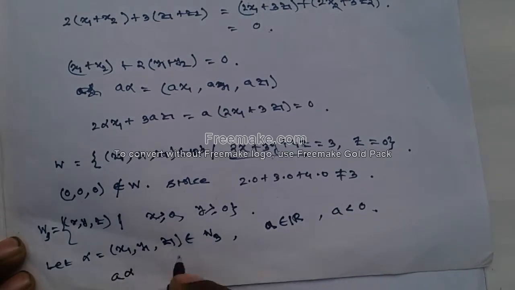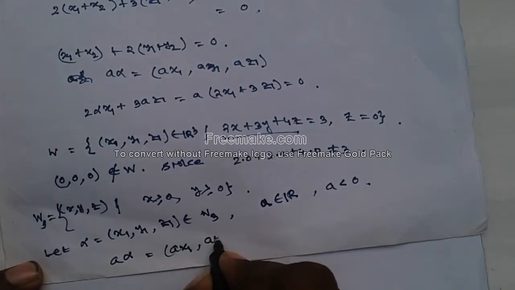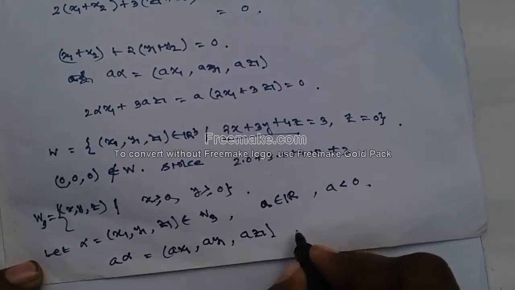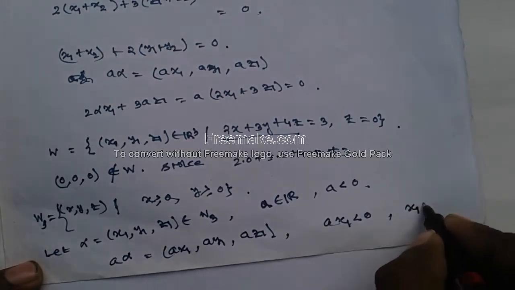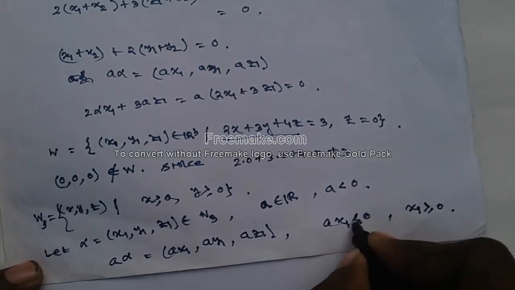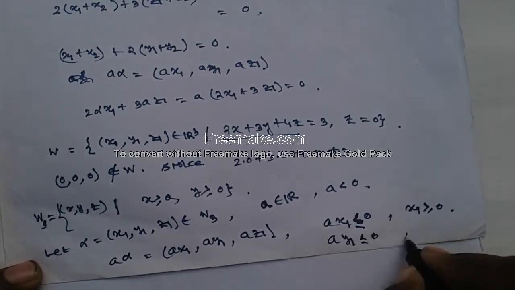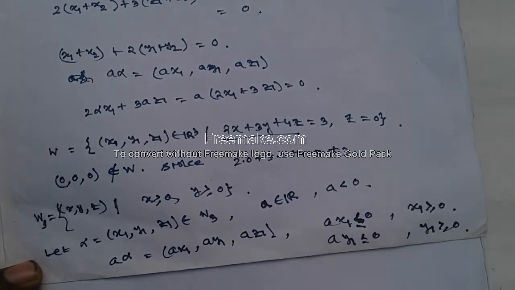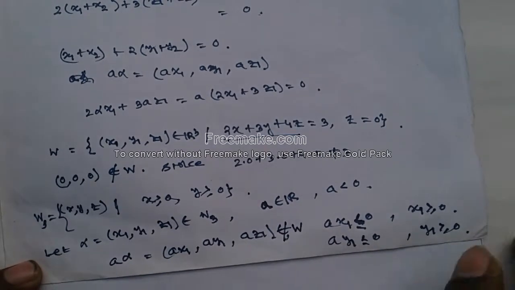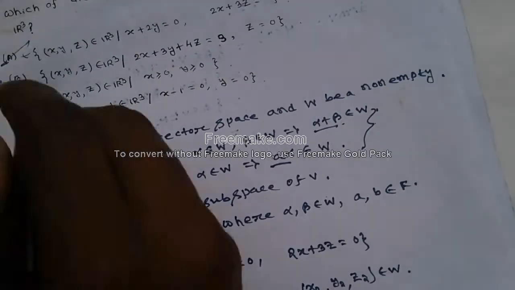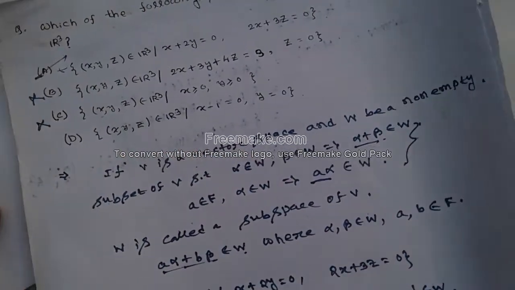So what is a alpha? a alpha equals (a x1, a y1, a z1), and you see that a x1 is less than or equal to 0, since x1 is greater than or equal to 0, and also a y1 is less than or equal to 0, since y1 is greater than or equal to 0. Therefore a alpha does not belong to W3. So the condition C is also false.